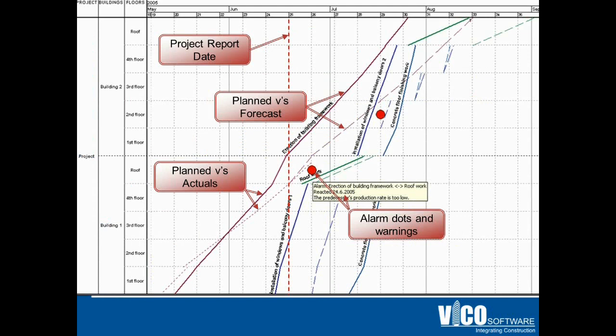What we would use this information for is to analyze the potential control actions that we may take to return the production of the predecessor activity to the target and to mitigate any potential delays to the successor activities.